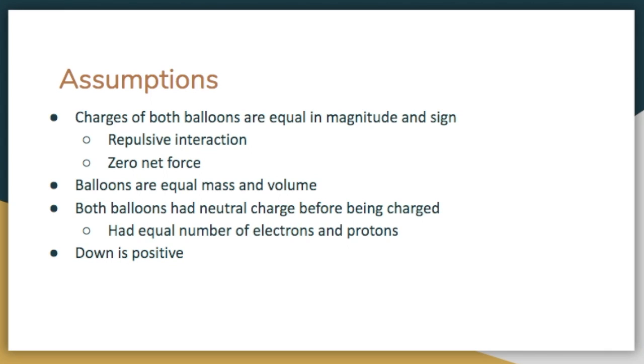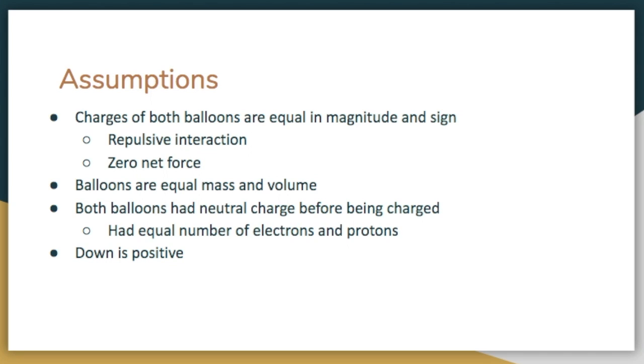Some assumptions that we had during this experiment were that the charges of both balloons were equal in magnitude and both had the same sign, which meant that both of the balloons had a repulsive interaction between each other, and that they also had a zero net force.